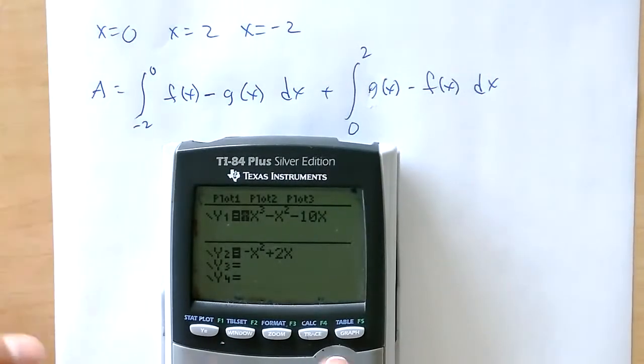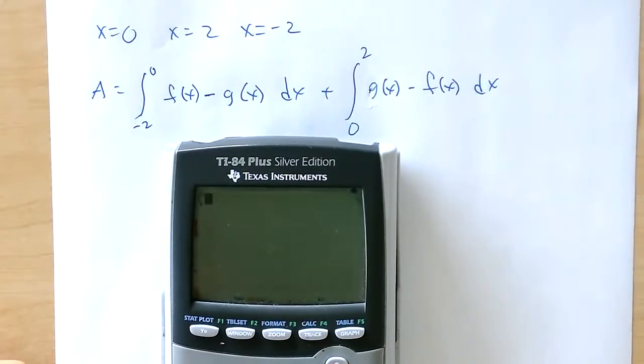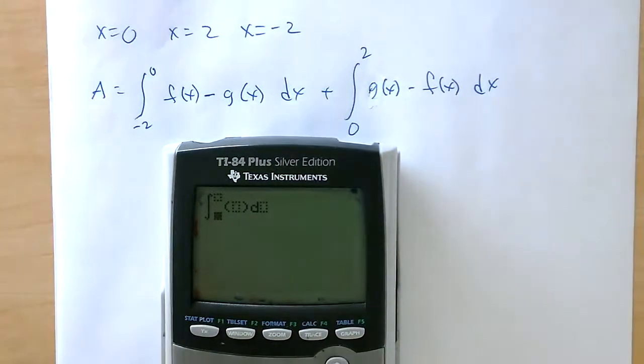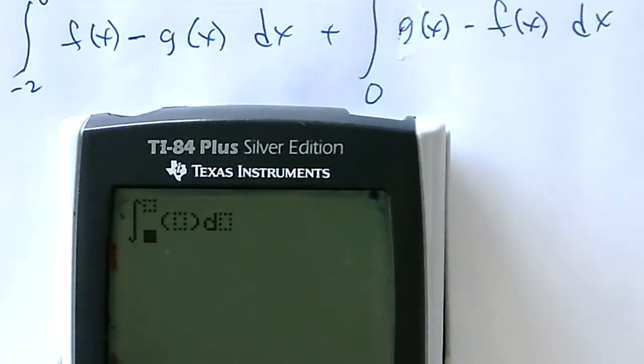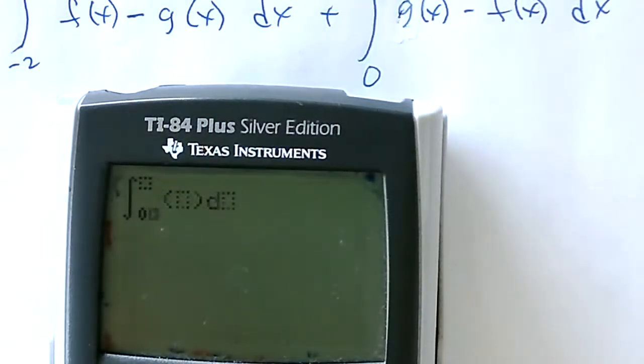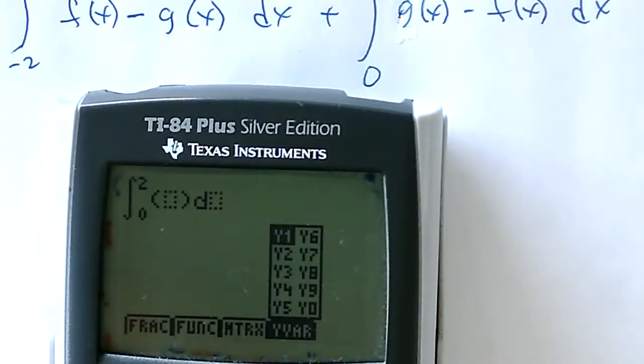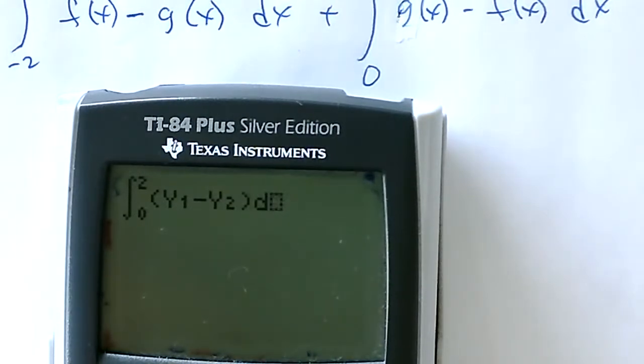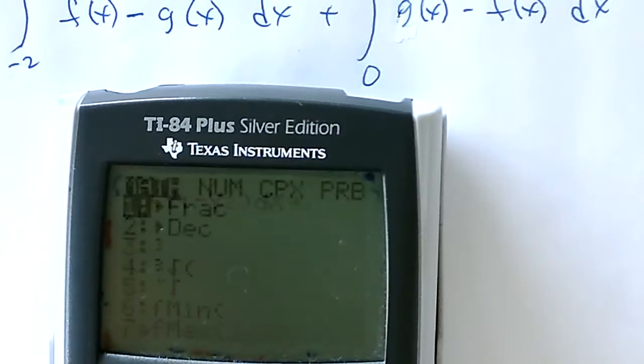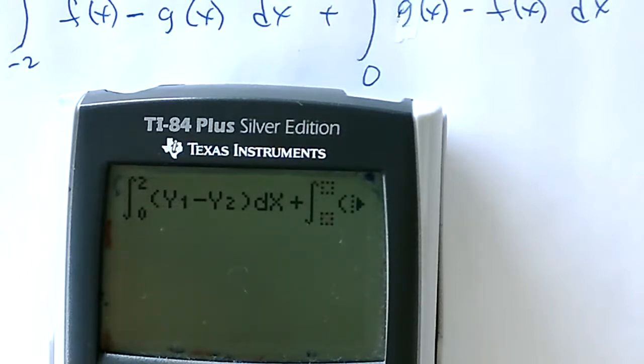So when I integrate, math 9, I'm going to go from 0 to 2. Go to y1 minus y2 with respect to x. And I'm going to add math 9. I'm going to add the integral from 0 to 2.